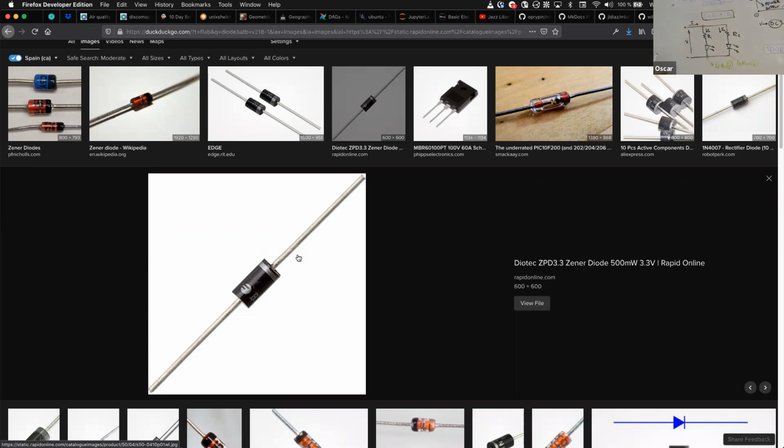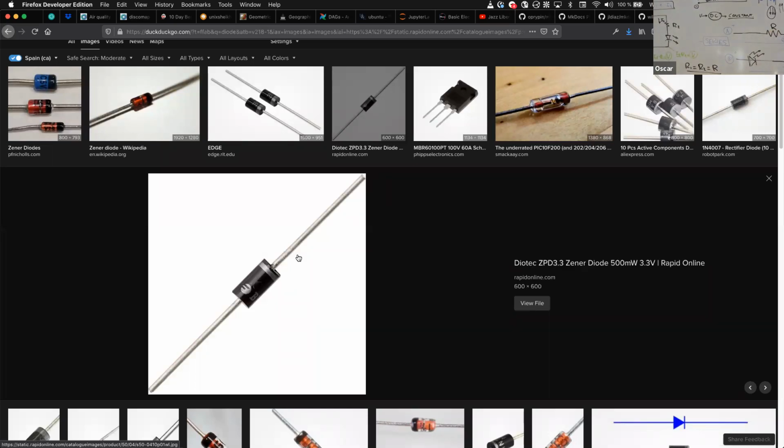Okay. The second $1 million question is, let's imagine that R1 and R2 are equal to R. Which LED shines the most?